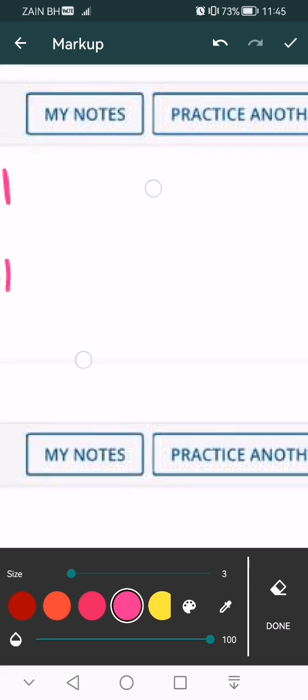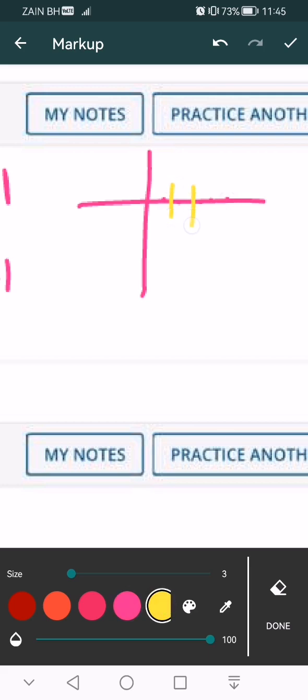For example, I will draw this: here I have the positive values, for example 2, and here I have minus 2.